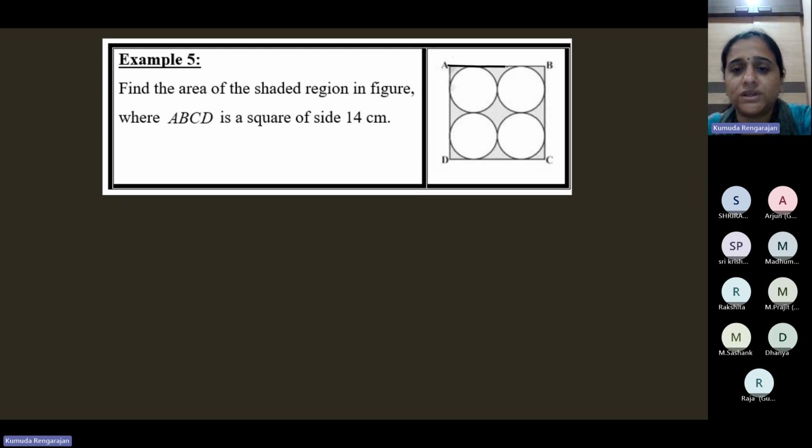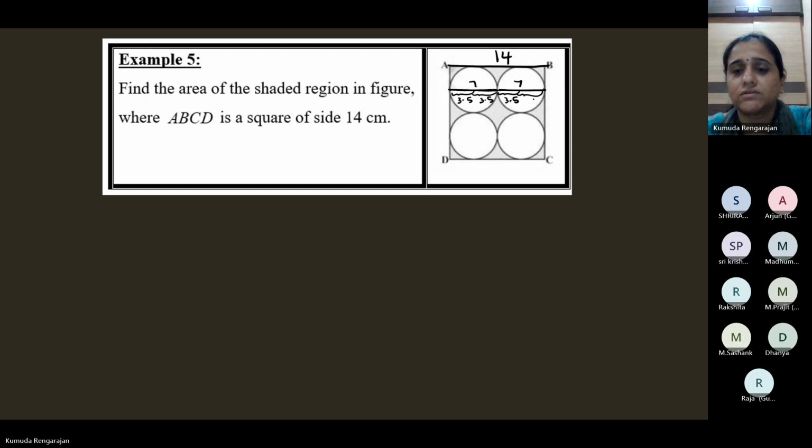Because the side is 14, the diameter of this circle plus the diameter of this circle is 14. So the diameter of this one will be 7, and the diameter of this one will be 7. So that means the radius is 3.5.